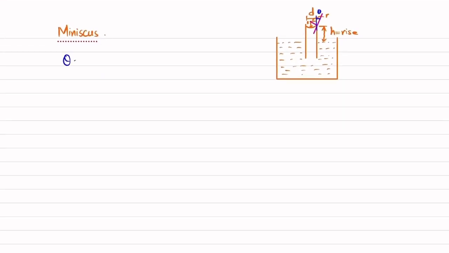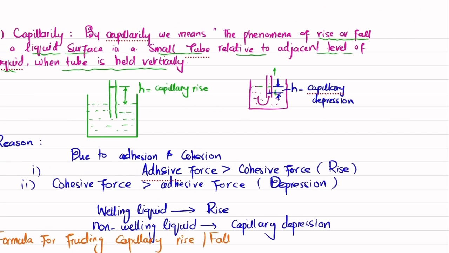So theta is equal to the angle of contact, and it is the angle between the tangent line and the tube wall. So this is how we can find this angle of contact for this capillary tube.